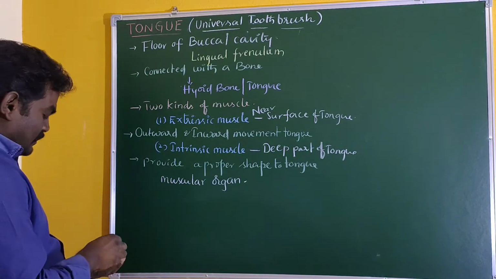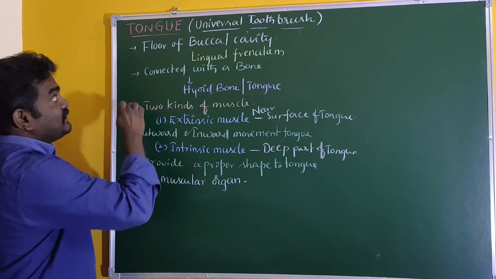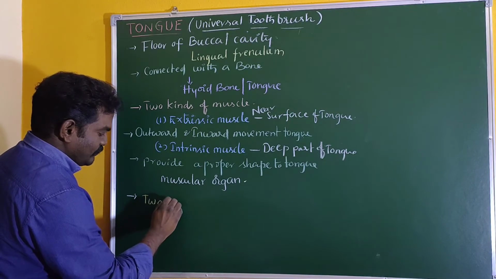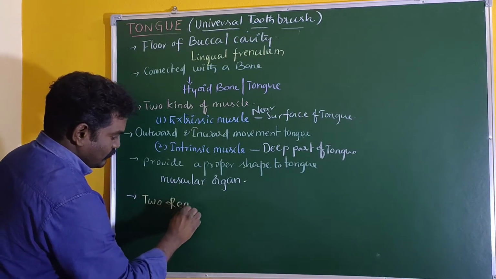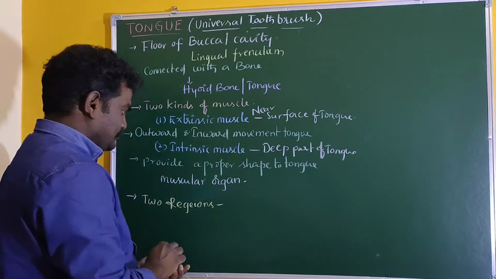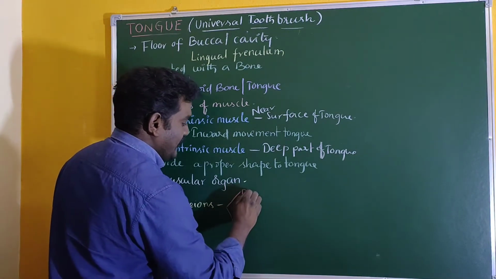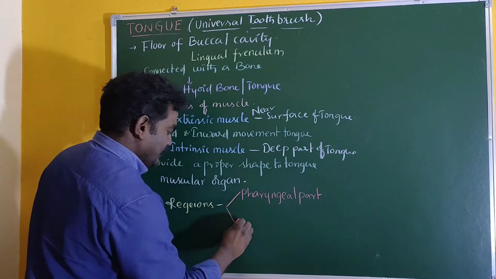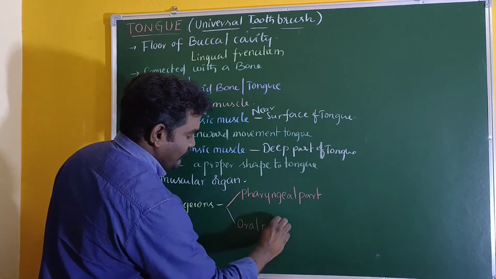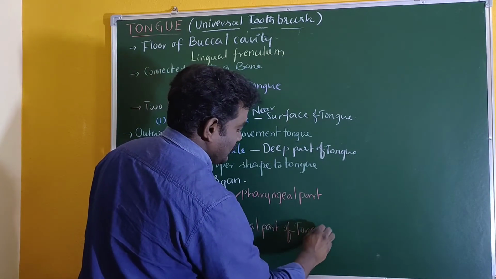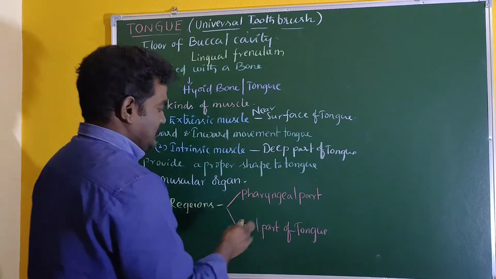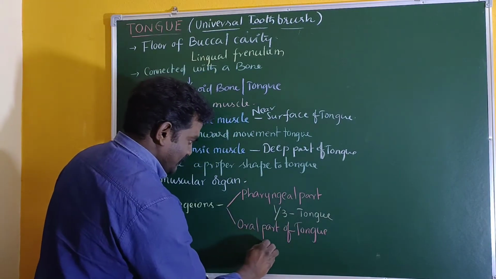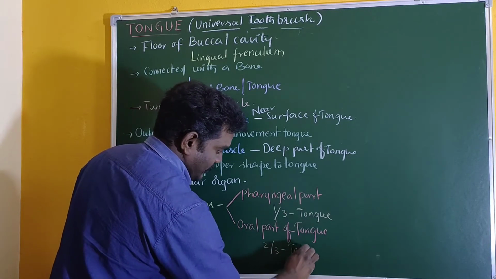Next, the tongue has two important regions: one is the pharyngeal part of the tongue, and the second one is the oral part of the tongue. The pharyngeal part occupies 1/3 of the tongue, whereas the oral part occupies 2/3 of the tongue.